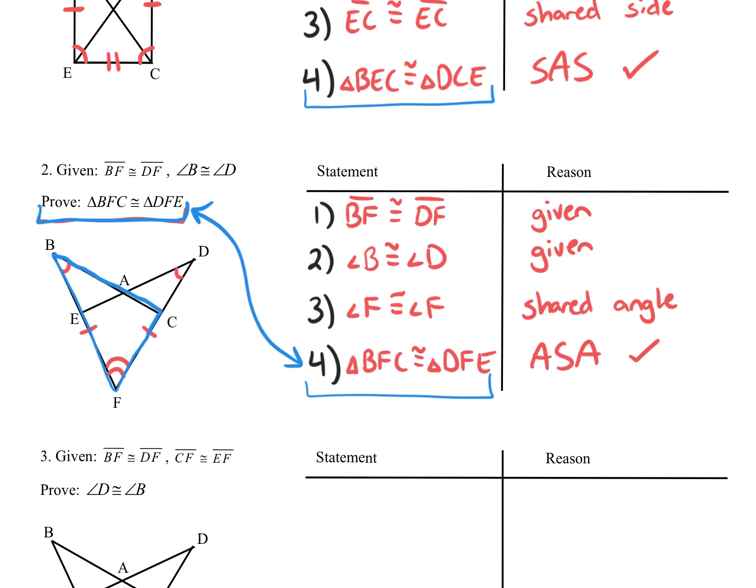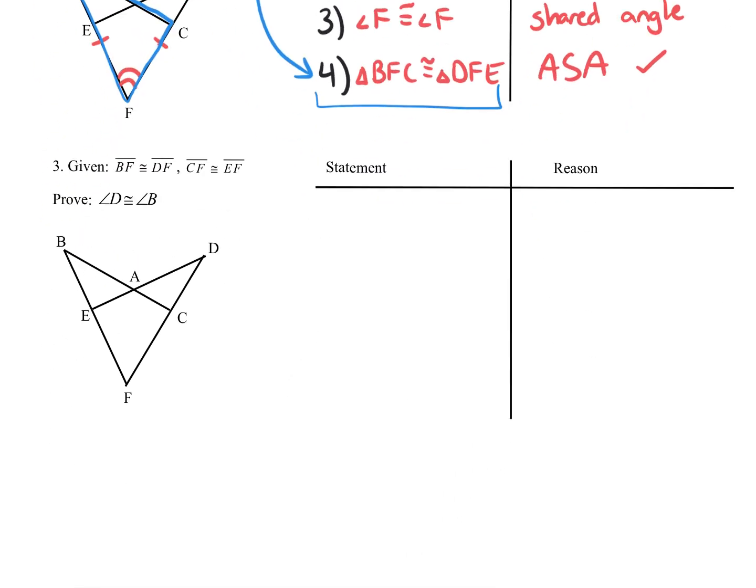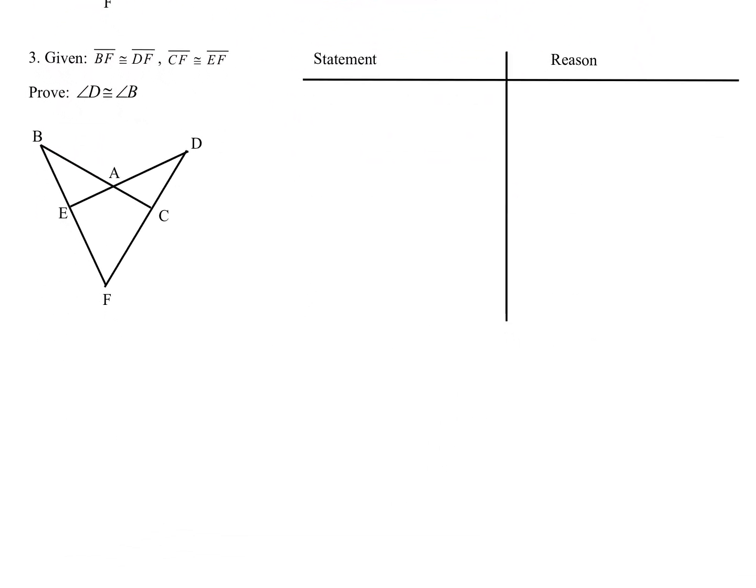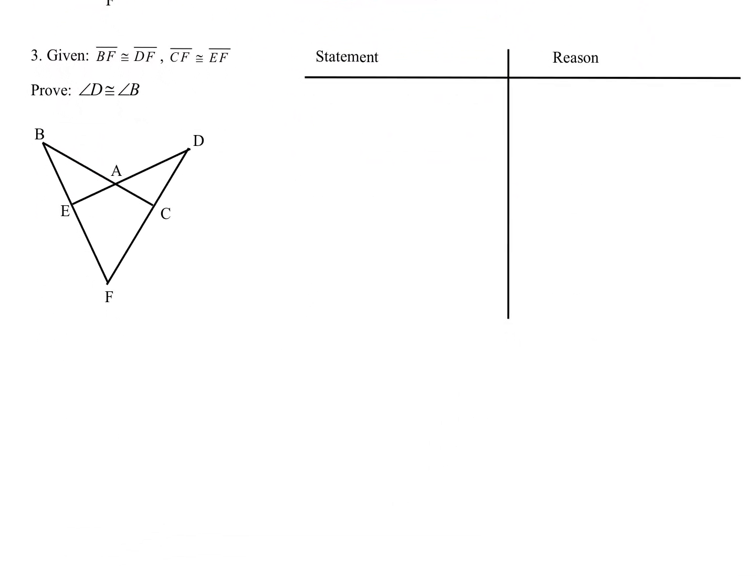Okay, go ahead and try number 3. Five statements. All right, what do we start with? Given statements. Yep, so BF is congruent to DF.